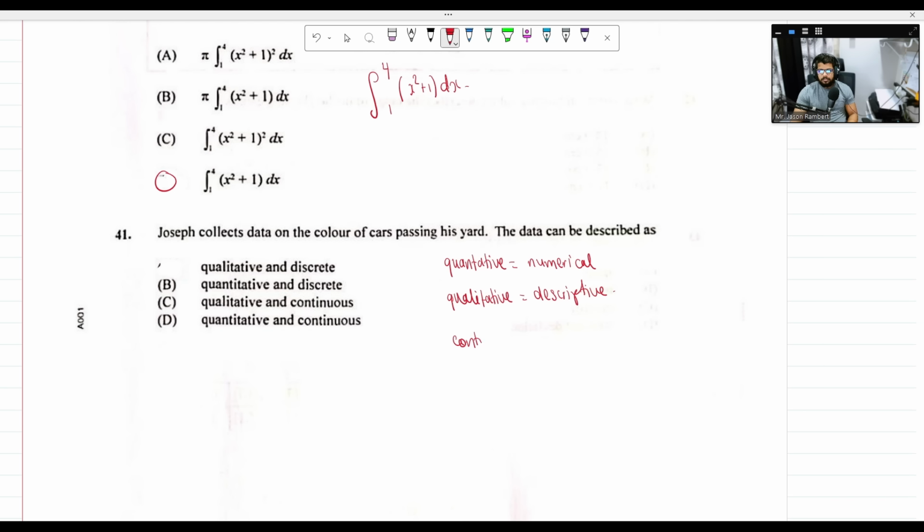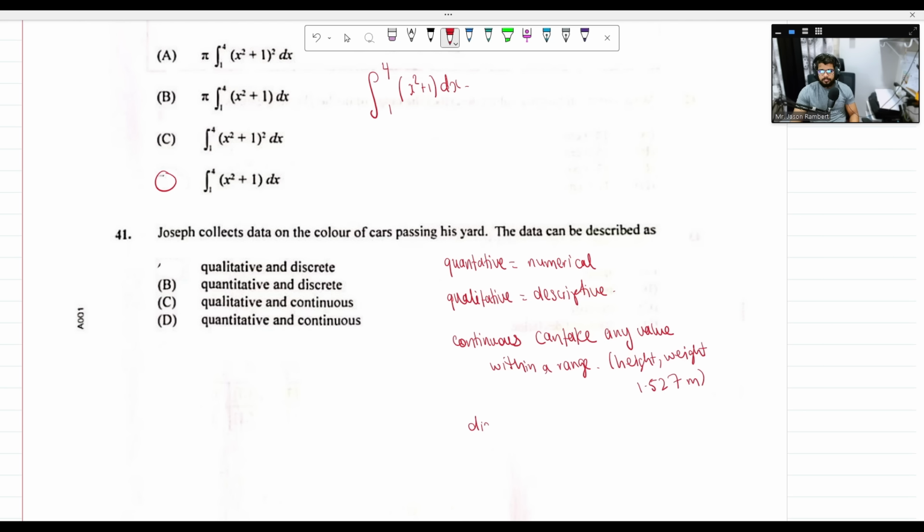Continuous can take any value within a range, like height, like weight, like 1.527 meters or seconds and so on.